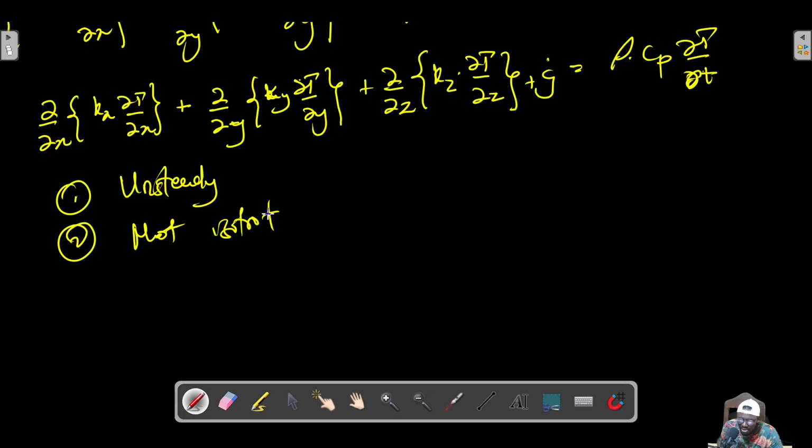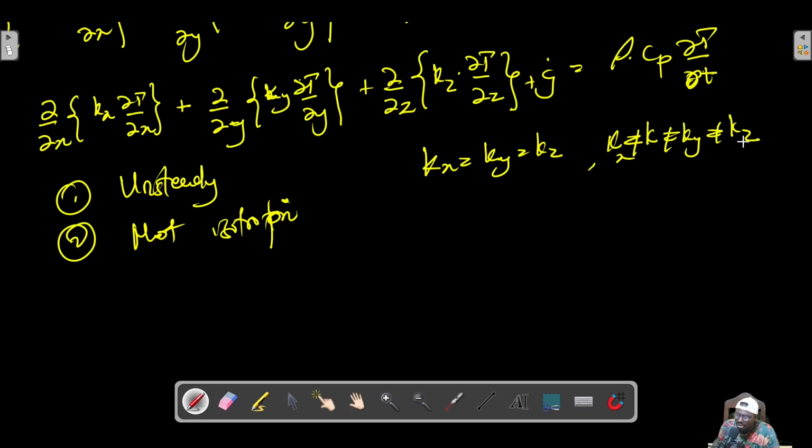What do you mean by not isotropic? Meaning, for isotropic materials, kx is equal to ky is equal to kz. That is for isotropic. But for not isotropic, they are not the same.